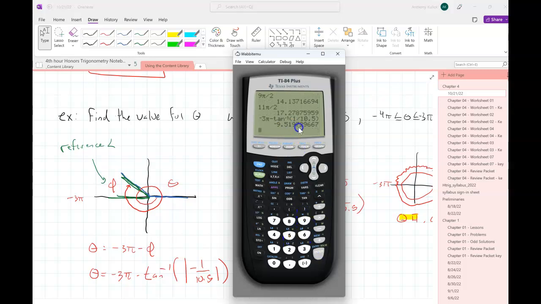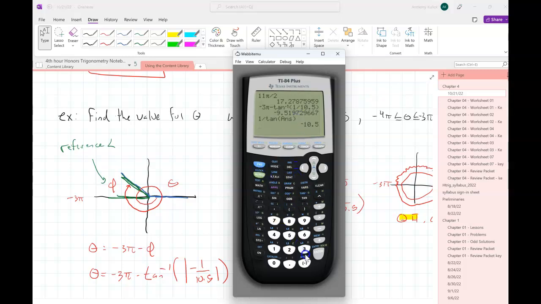So there's my answer, negative 9.52. I'll point out that cotangent of that does give me negative 10.5, right?